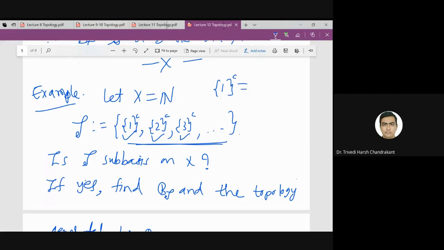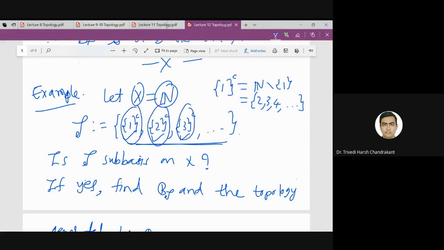I hope it is clear: the complement of 1 means N minus 1, because our X is N, the complement in the universal set X. So the complement of 1 is N minus 1, that is basically 2, 3, 4, and so on. That is my first set. Then I take the complement of 2 as the second set, the third set, and so on.